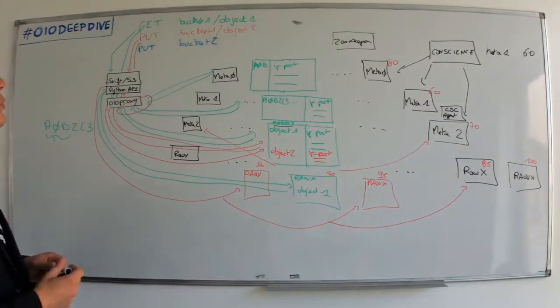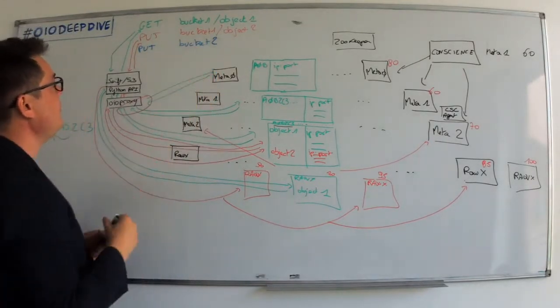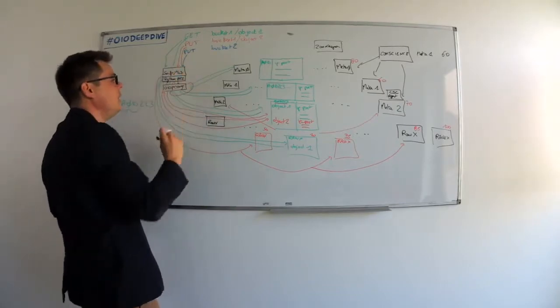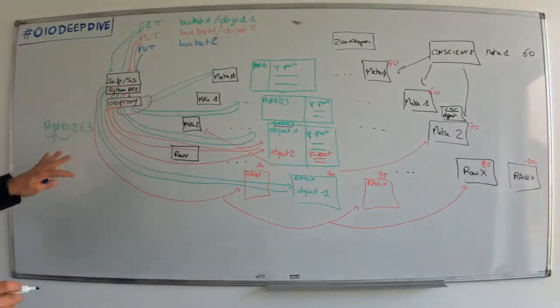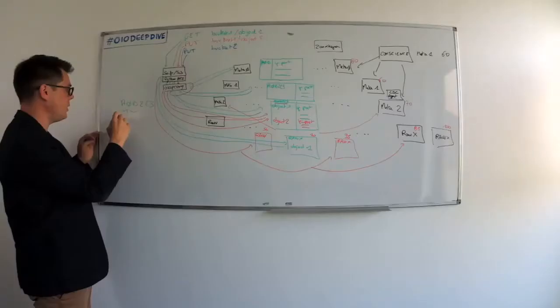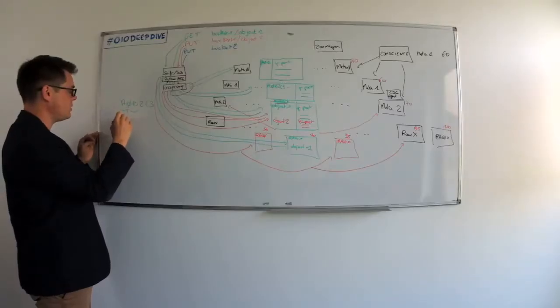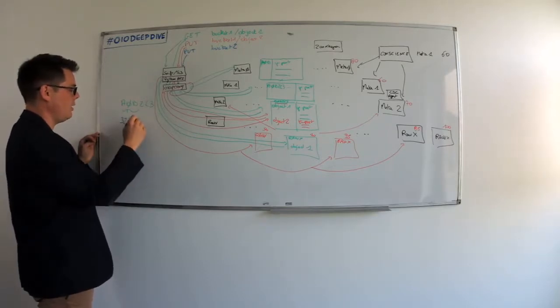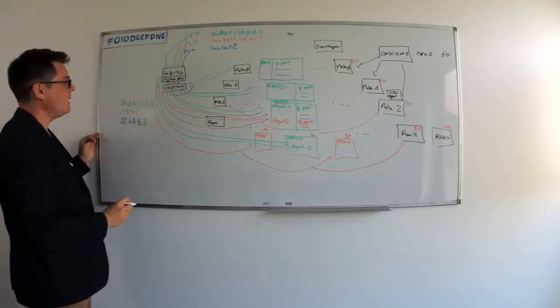So let's say that I want to put a new bucket, bucket 2. So let's start here, and we go to the YoYo proxy. Here we are with bucket 2 with a different name, because the name is hash coded. So let's say that this one will be 3244AB3, and so on.